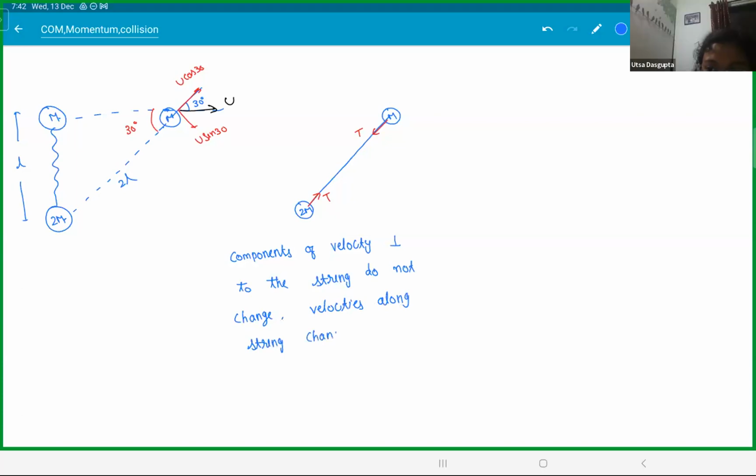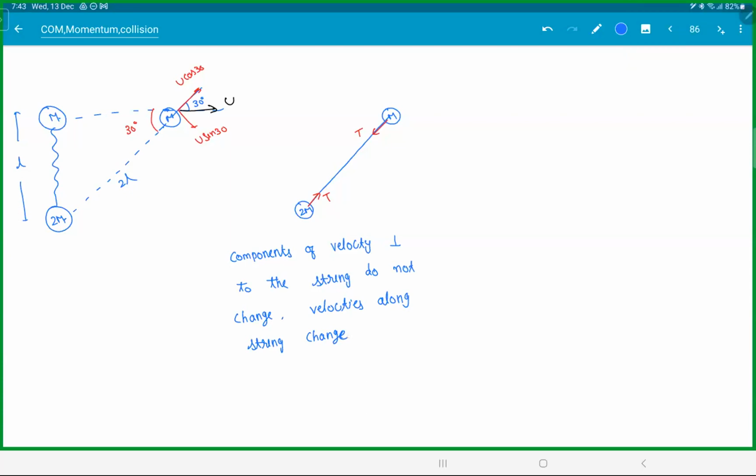Velocity along the string should be the same, na? Otherwise the string will break. I meant velocities after it becomes tight, right? Maybe I didn't put it in proper words. No, I'm not saying m and 2m will have different velocities.